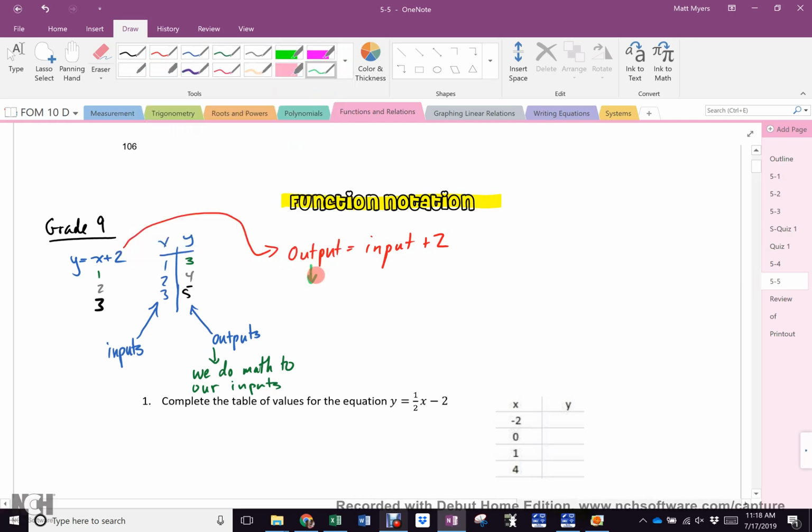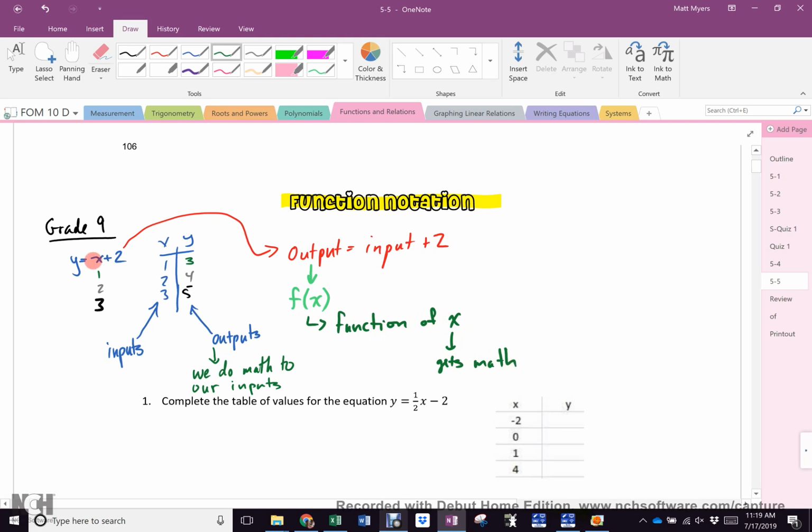Output gets renamed as f(x), and that stands for function of x. What does that mean? x gets math.